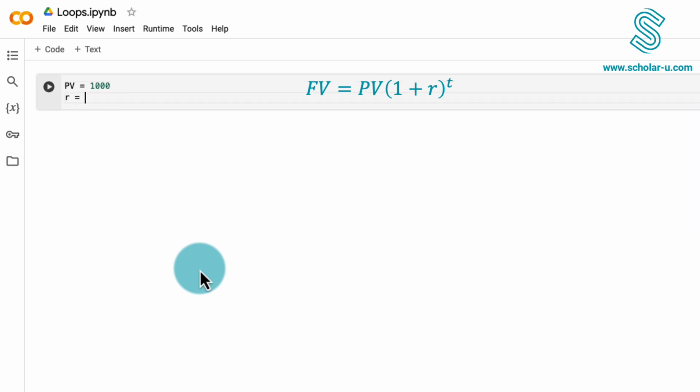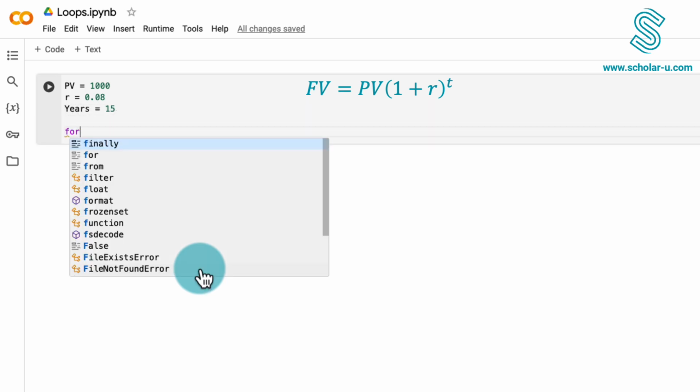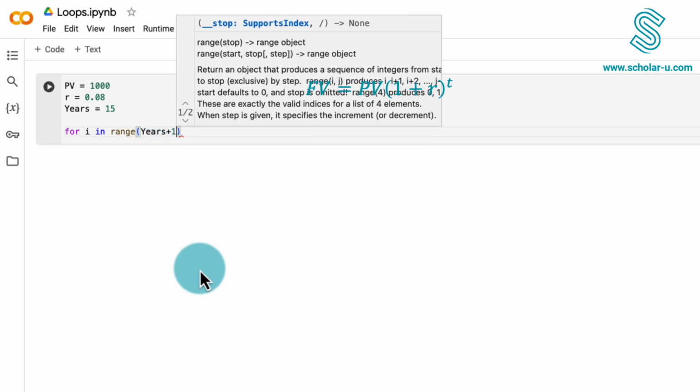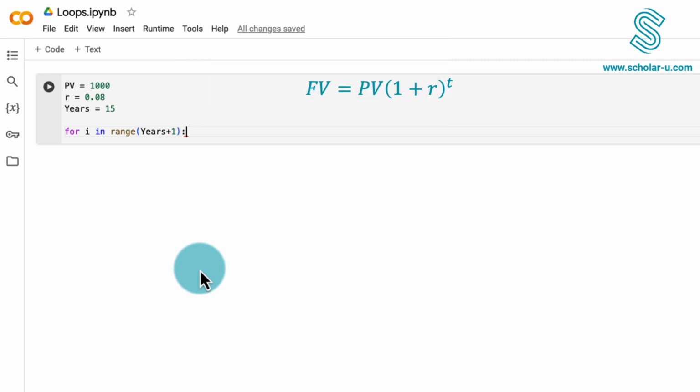Let's start with a present value of $1,000, our interest rate of 8%, and the number of years is going to be 15. We're going to use a for loop that goes in the range of the years plus 1. So it goes from 0 to 16. The 16 is not inclusive, so it goes from 0 to 15, one by one.